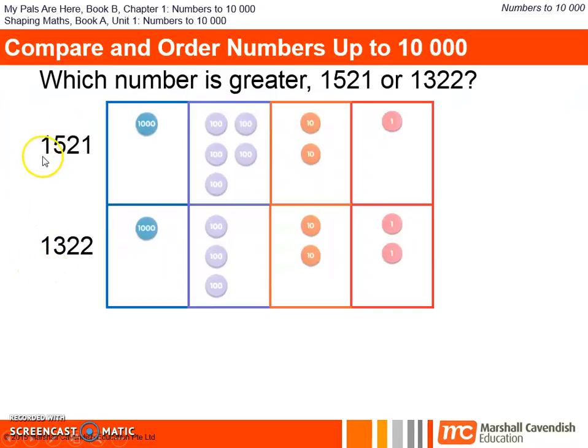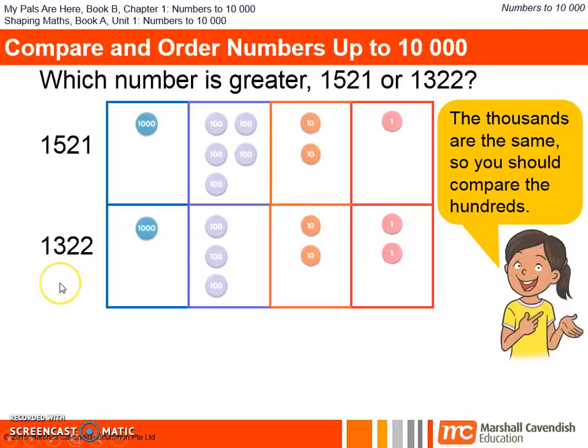So let's move on to the hundreds place. In this number here, 1521, at the hundreds place, you will have the digit 5, which stands for 500. If you look at the number below, 1322, at the hundreds place, you have the digit 3, which represents 300.